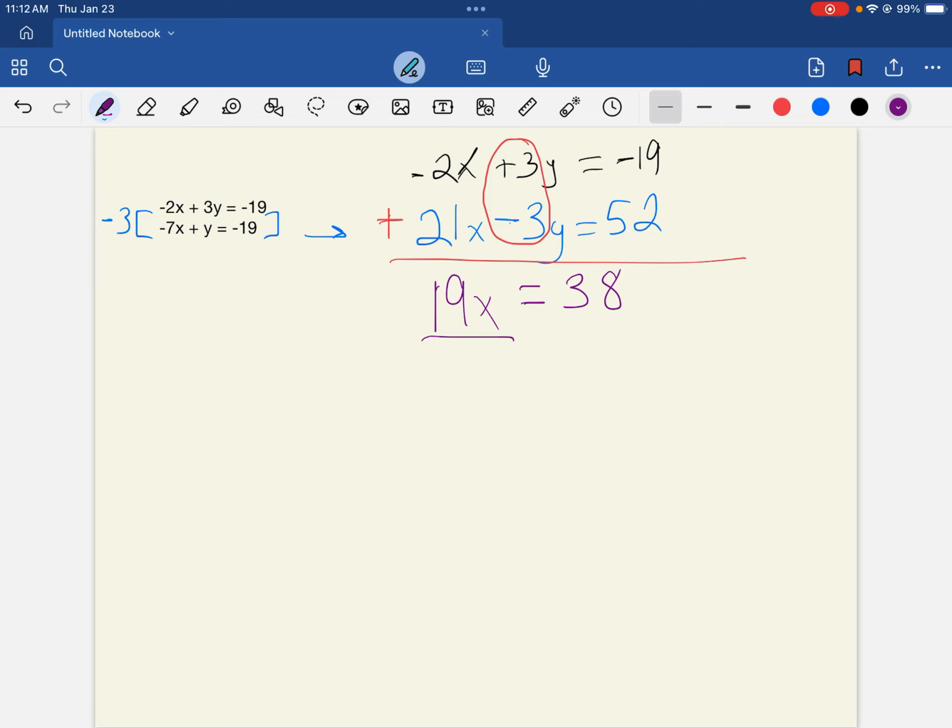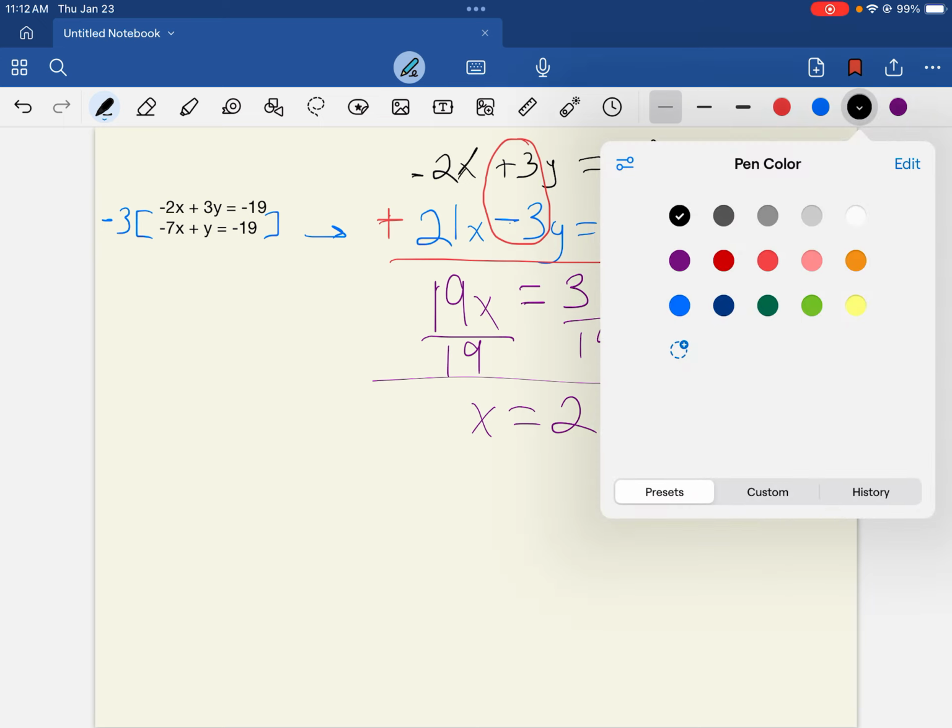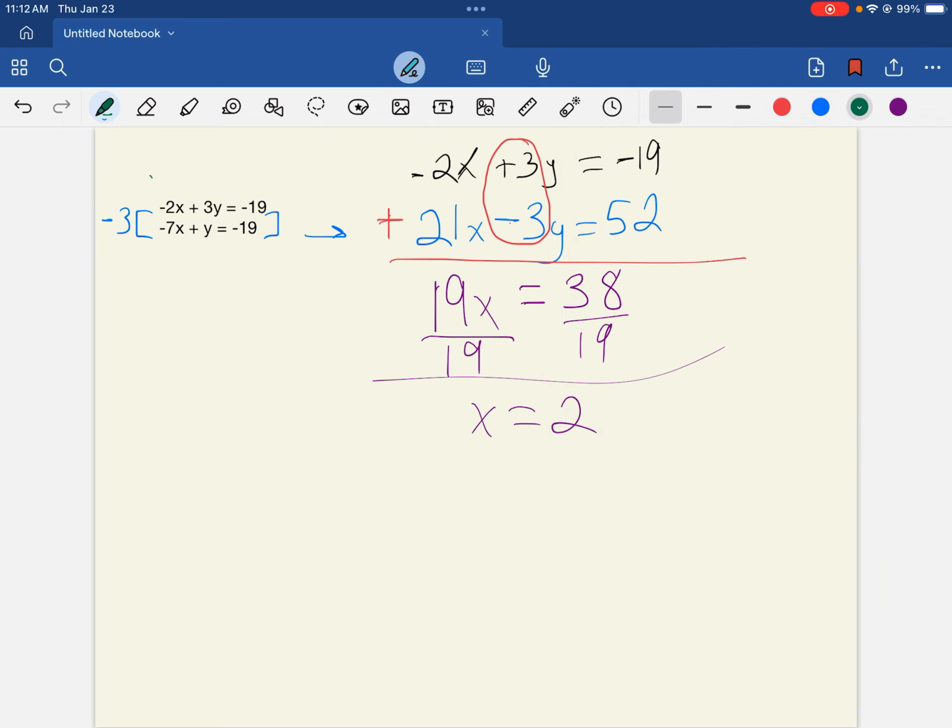Again, I would solve this equation by using my inverse operations. And we find that x is equal to 2. Now, like before, I'm going to substitute x equals 2 into one of my two equations.